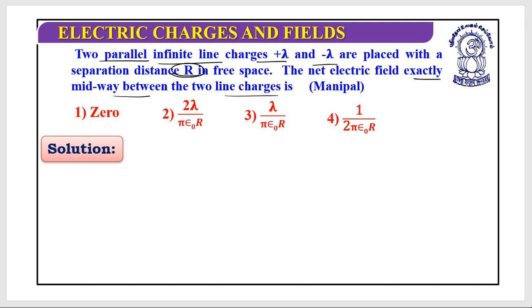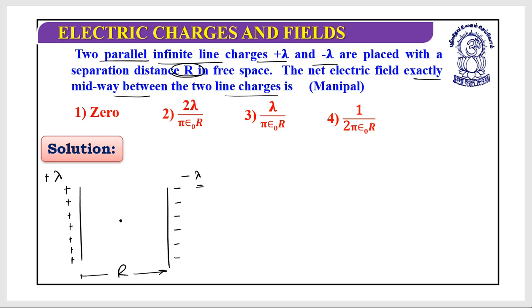Okay, so first you need to plot the situation. This is the positive charge, that is linear charge density plus lambda. This is minus lambda. The separation between these two is r.